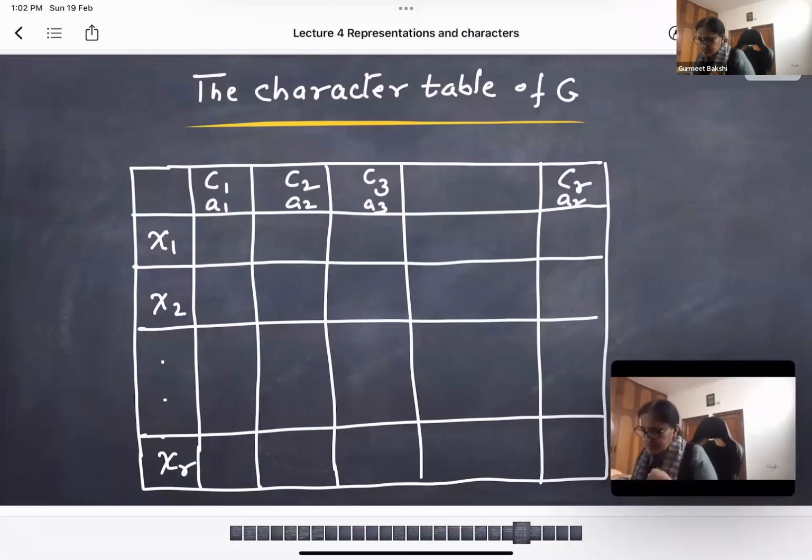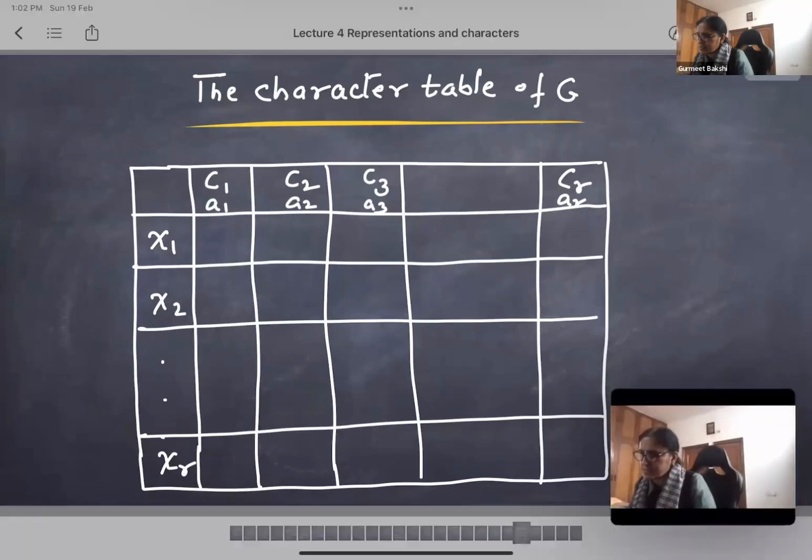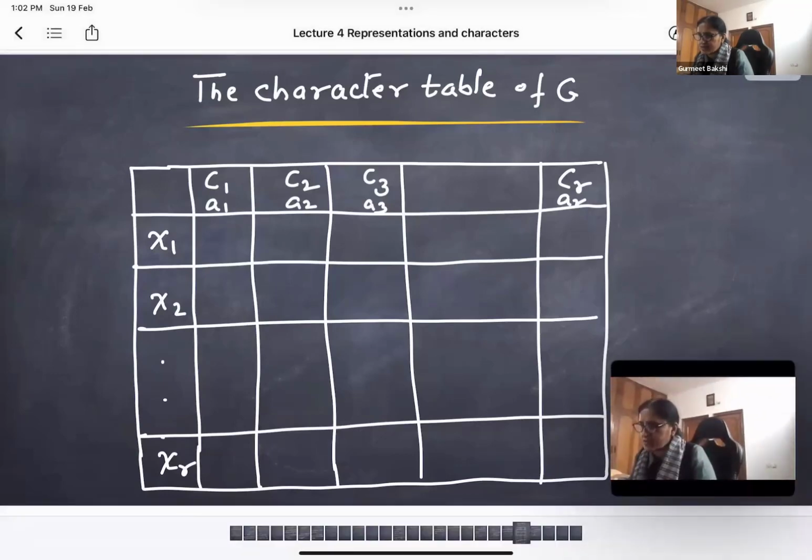So maybe I will stop here while defining the character table of the group. You have as many irreducible characters as the number of irreducible representations, which is the same as the number of conjugacy classes. So r is the number of conjugacy classes. On one side I label the conjugacy classes C1, C2, ..., Cr, with a1, a2, ..., ar representatives of the conjugacy classes.